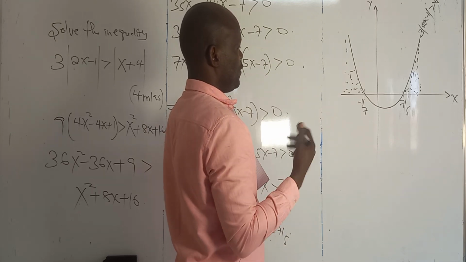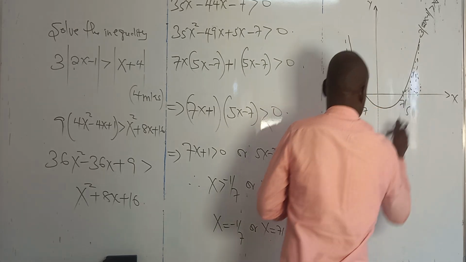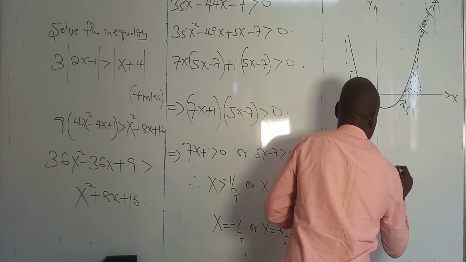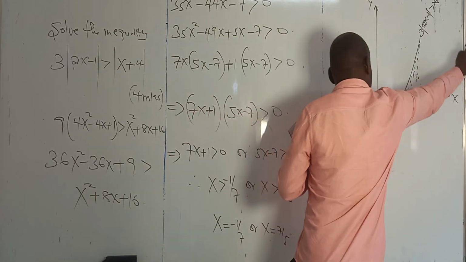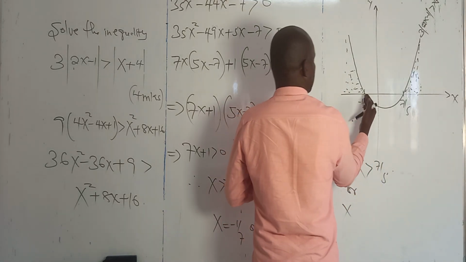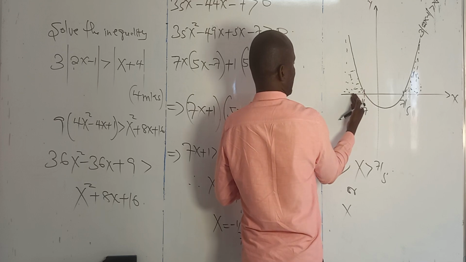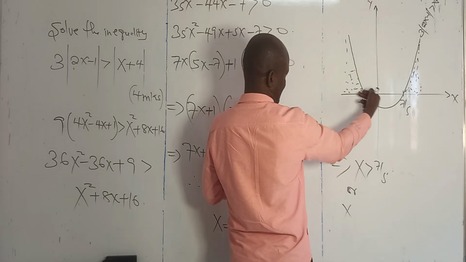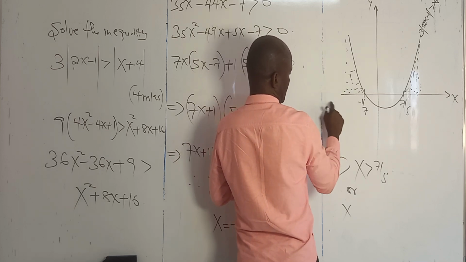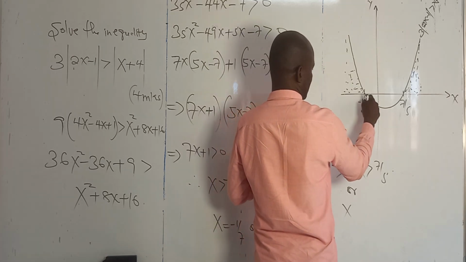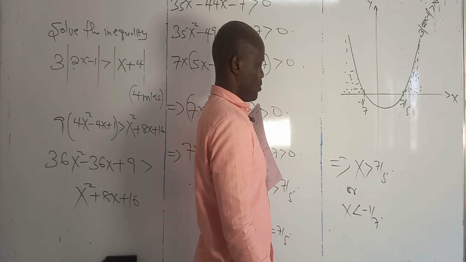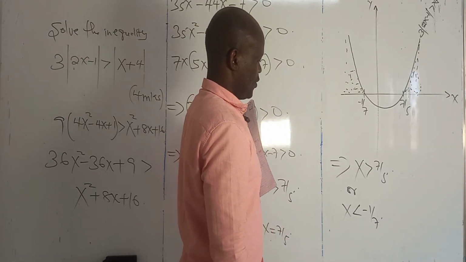The portion can be defined as, this should imply that we take a case where x is greater than 7 over 5, or x is less than negative 1 over 7. Coming this end, it gets smaller. Going that end, it gets bigger. So x is less than negative 1 over 7. And that wraps up the answer to our question.